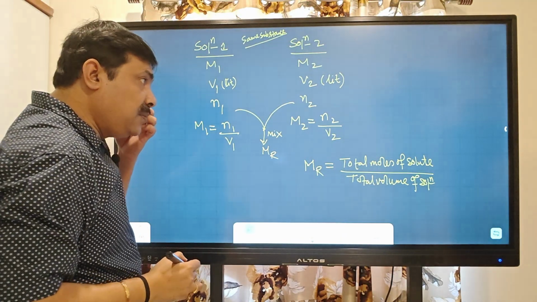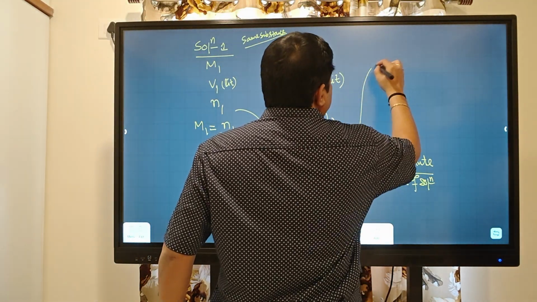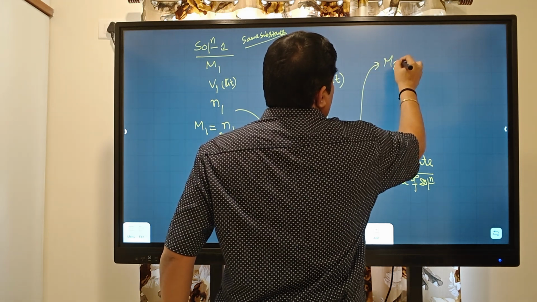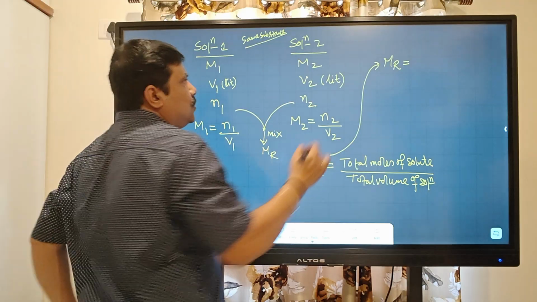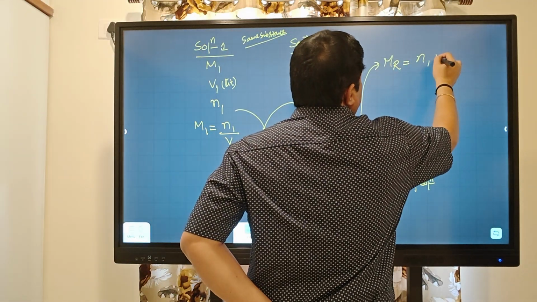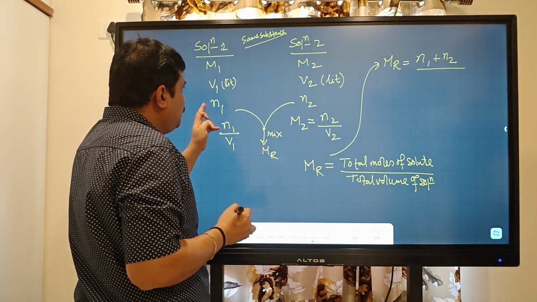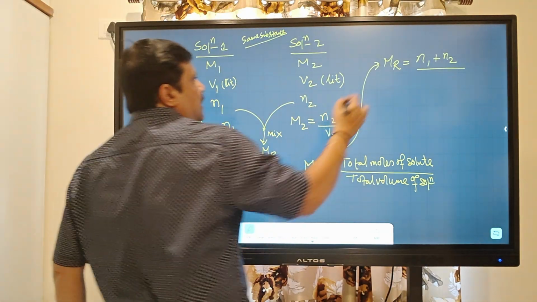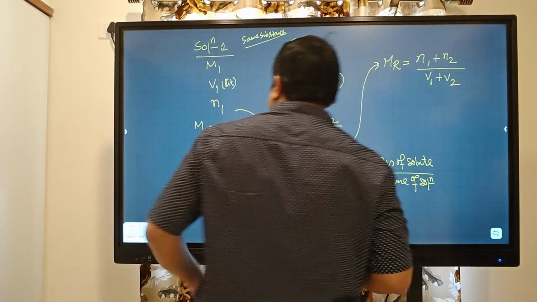Total moles of solute means N1 and N2, so MR equals N1 plus N2 by the total volume of solution. Here V1 volume is there, and here V2 volume is there, so the total volume of solution is V1 plus V2.